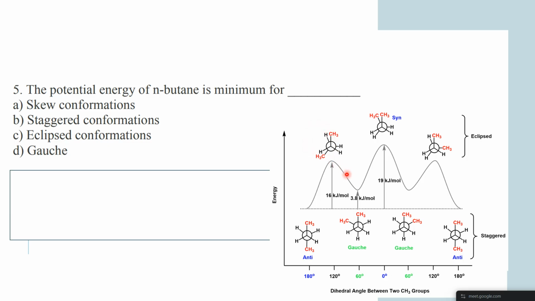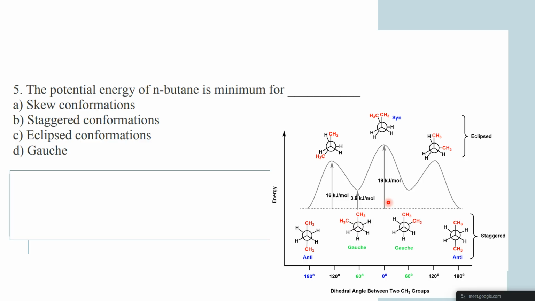Further rotation will give us these two gauche conformations, and ultimately when we get a conformation of the molecule in such a way that both the methyl groups are parallel to each other, in that case the energy will be maximum for this energy profile diagram.